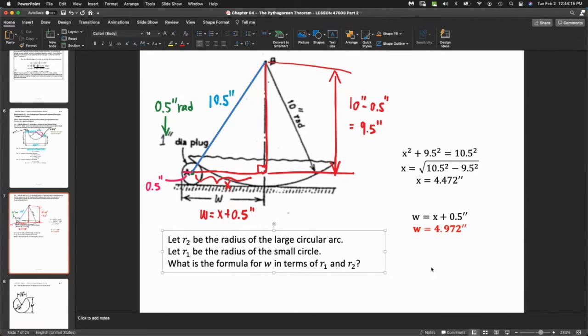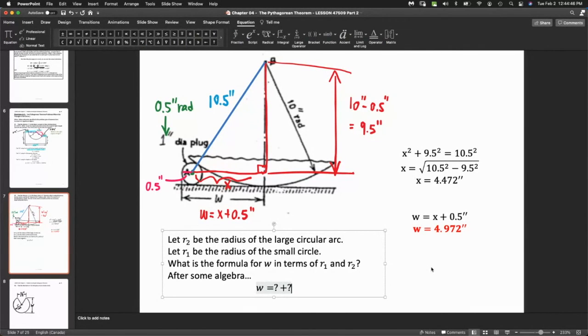Do I have any takers in the chat? Anybody in the chat want to write down what they think the formula is? I'll give you a minute. I mean, this is not a 1-minute question, but can you piece together what the formula is? Well, it's going to be two terms. And if you look on the answer key here, you got 0.5. So it's going to be x plus 0.5.